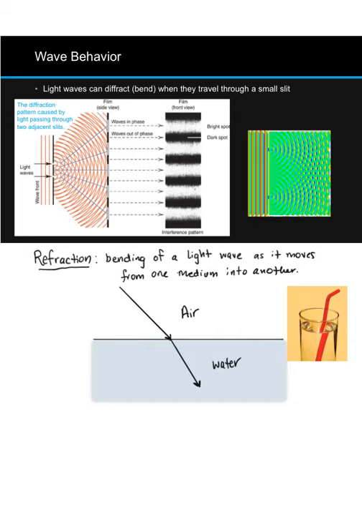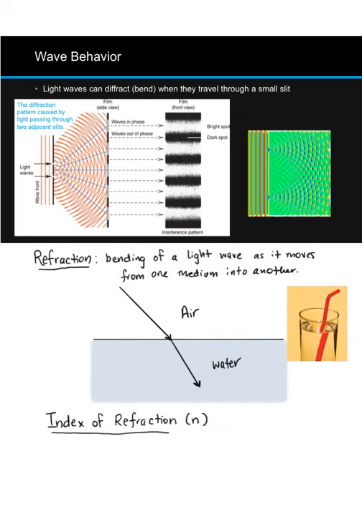The amount of change, how sharply this wave bends as it passes from one medium into another, is dictated by the refraction index, or index of refraction, for a material. All materials have some index of refraction. It tells us how sharply they will bend light compared to another medium.